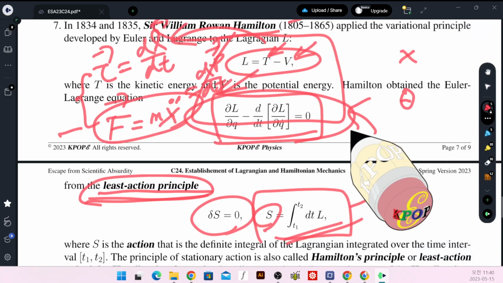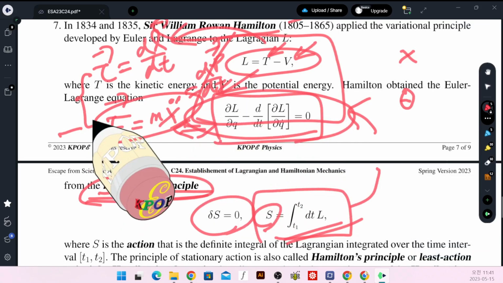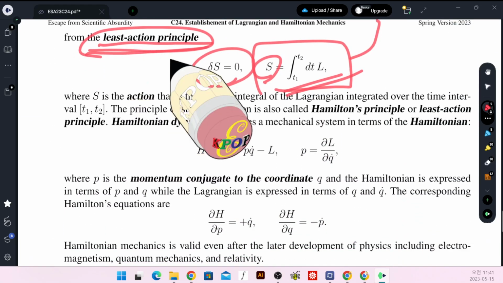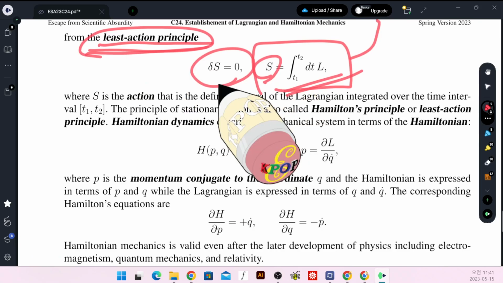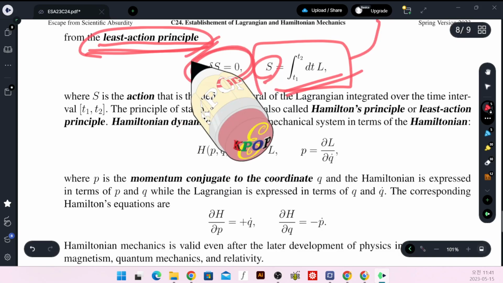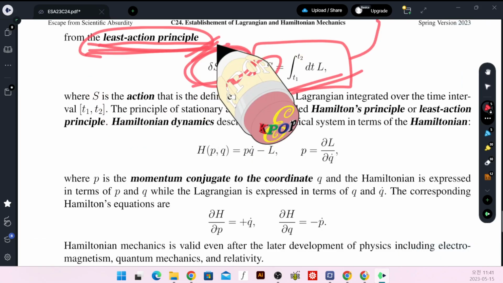And because of the proof by Euler and Lagrange of the equivalence of the Euler-Lagrange equation and Newton's second law, Newton's laws of motion can be derived from a very simple idea, the least action principle. So the current theory of physics is based on a very simple deductive method, the least action principle.